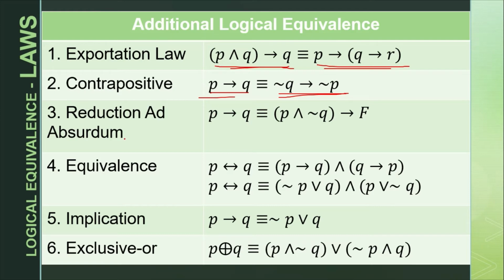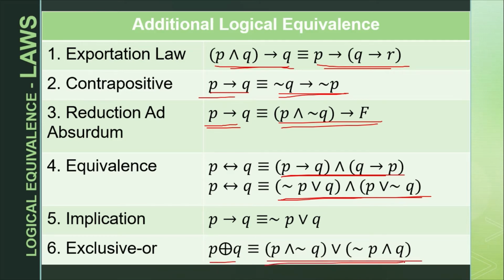Then we have reduction ad absurdum, and equivalence. So the biimplication can be expressed in this way or in this manner. So we know that XOR, exclusive OR, is just the negation of equivalence or the biimplication. So you have this. XOR is just this statement.